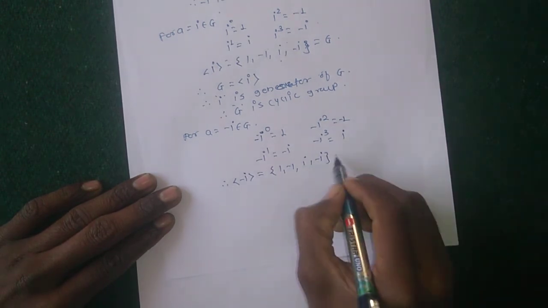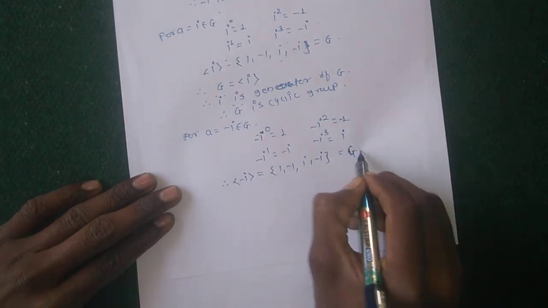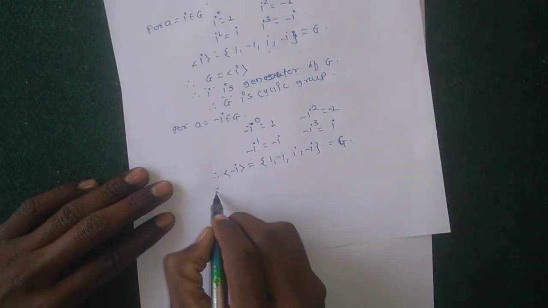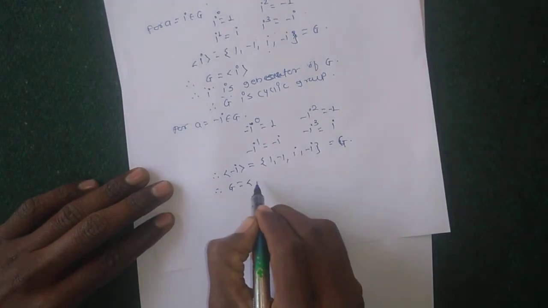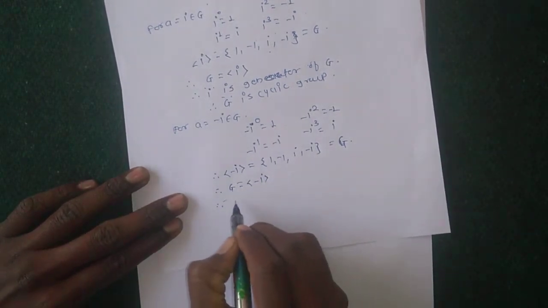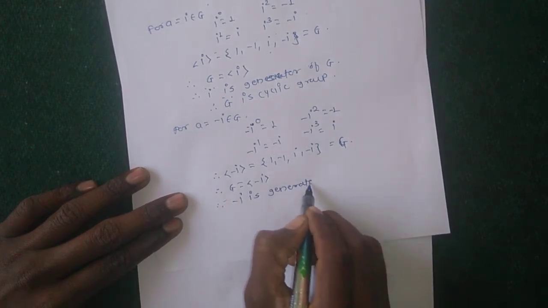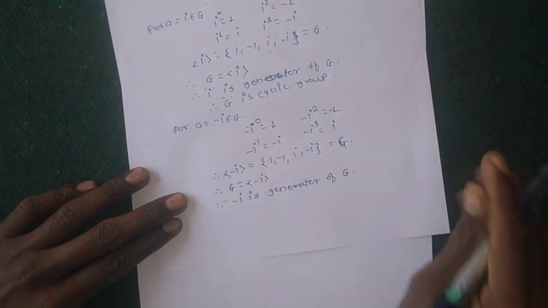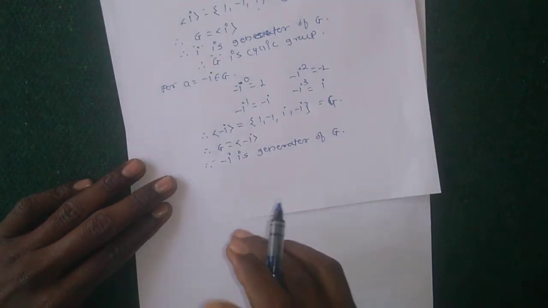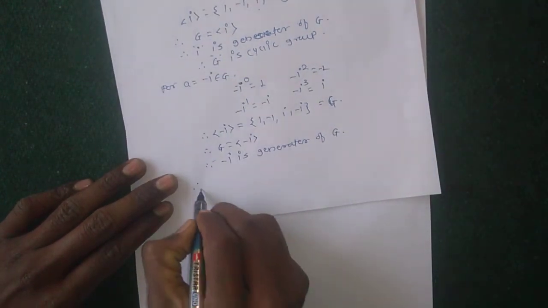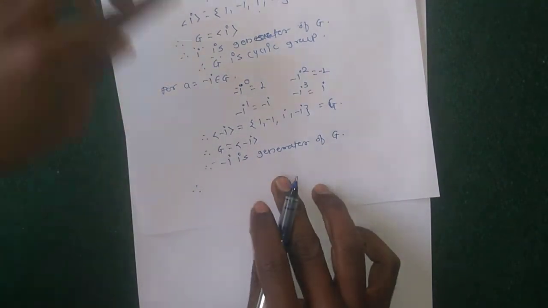These elements exist, and this is the group G. So G has a generator -I, and therefore -I is a generator of G, and G is a cyclic group.